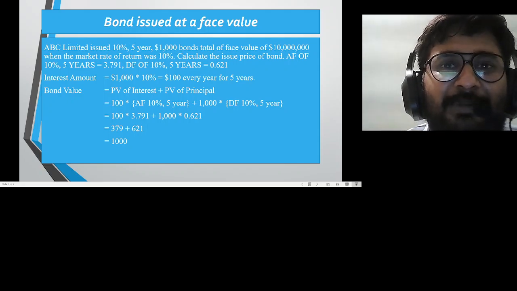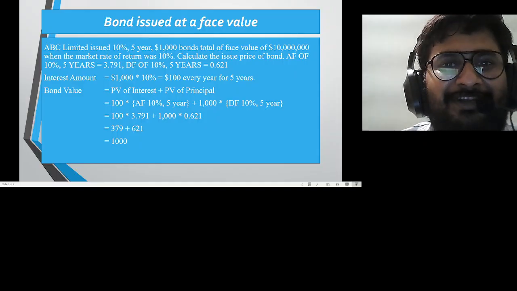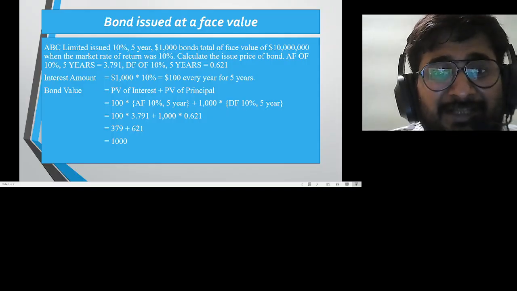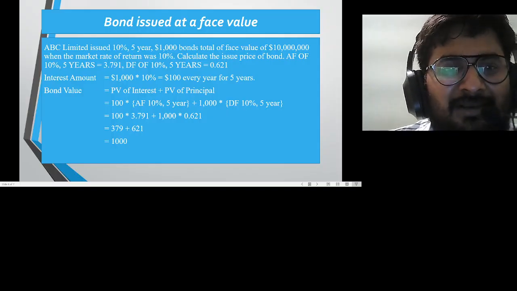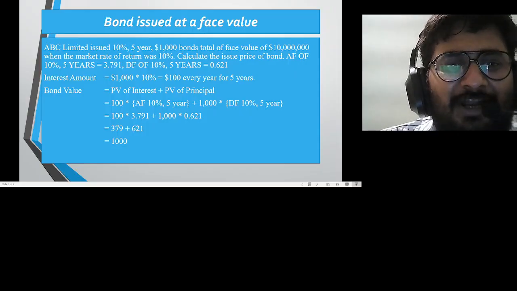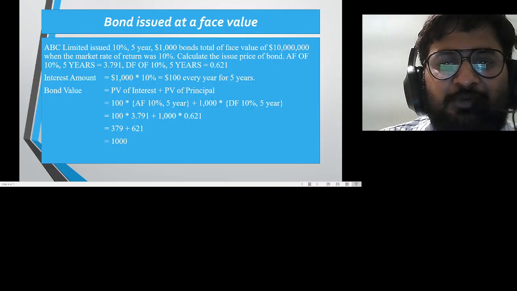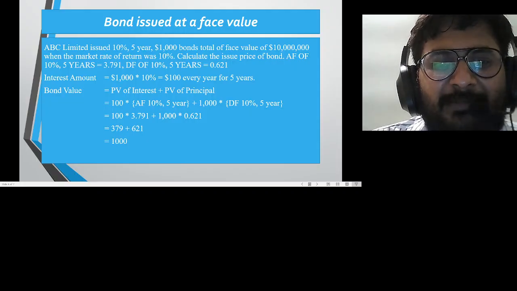Bond value is the PV of all future cash flows discounted at the required rate of return. So you have PV of interest plus PV of principal. Interest is a recurring cash flow, so annuity factor: 100 into annuity factor 10%, 5 years. Principal is a one-time cash flow, so discounting factor: plus 1000 into discounting factor 10%, 5 years.